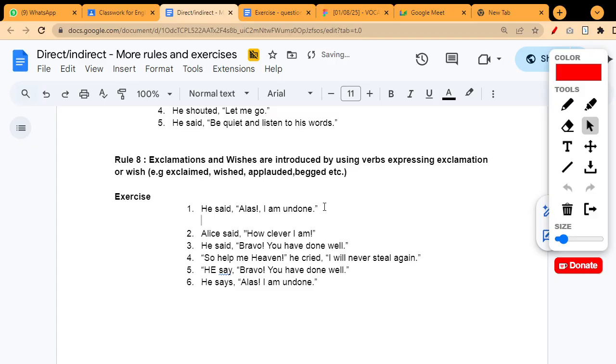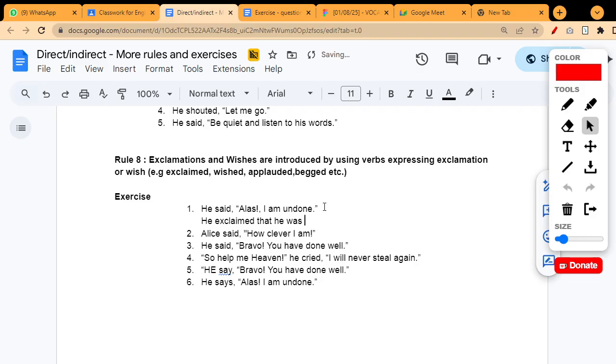Alas, I am undone. So alas means he's exclaiming. So he exclaimed. Alas will go off now. That he exclaimed. He, and then the other rules follow, the first four which we had done.